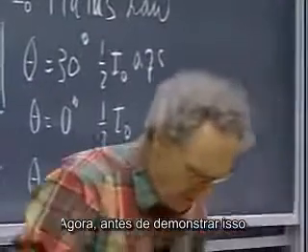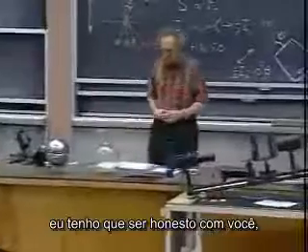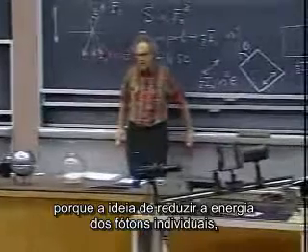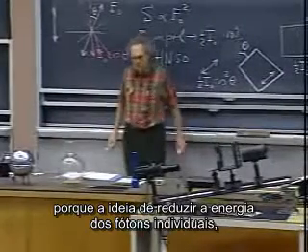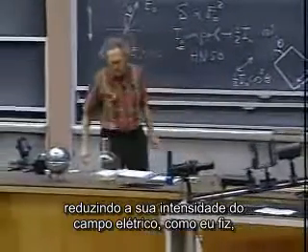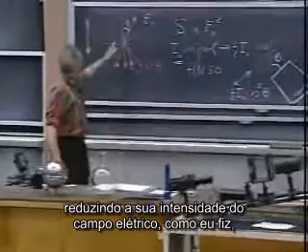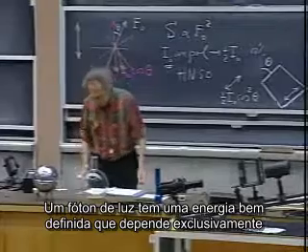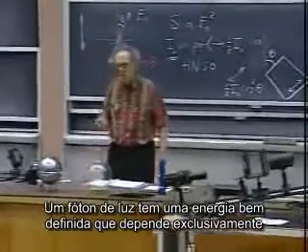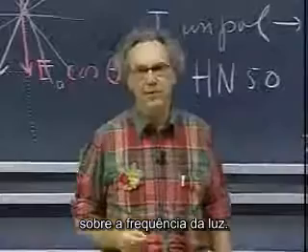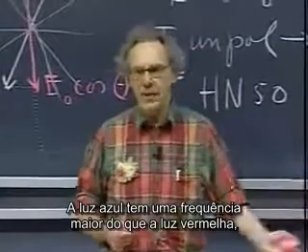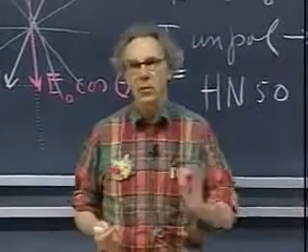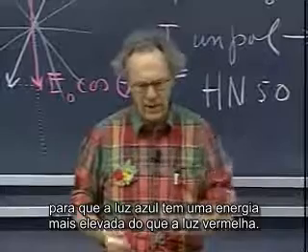Now, before I demonstrate this, I have to be honest with you, because the idea of reducing the energy of individual photons by reducing their electric field strength, as I did, is a cheat. A light photon has a well-defined energy, which depends uniquely on the frequency of the light. Blue light has a higher frequency than red light. So blue light has a higher energy than red light.